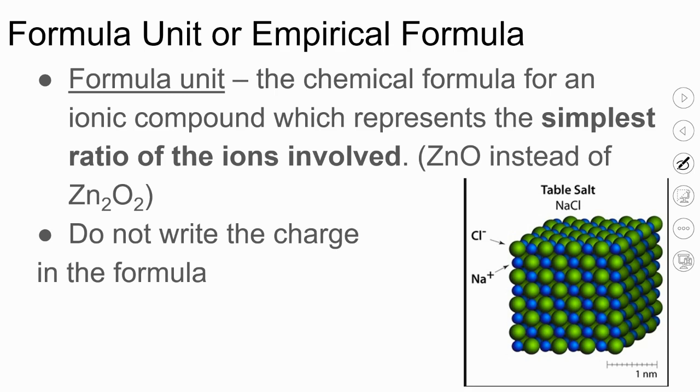For zinc oxide, instead of writing 2 zincs to 2 oxygens, we divide off and use the simplest ratio of the elements to each other. That's for ionic compounds. This is different than covalent compounds. If we change the number of carbons in a covalent compound, that changes the molecule and its properties. But if we lose a sodium and a chloride in a salt crystal, it still has the same properties.